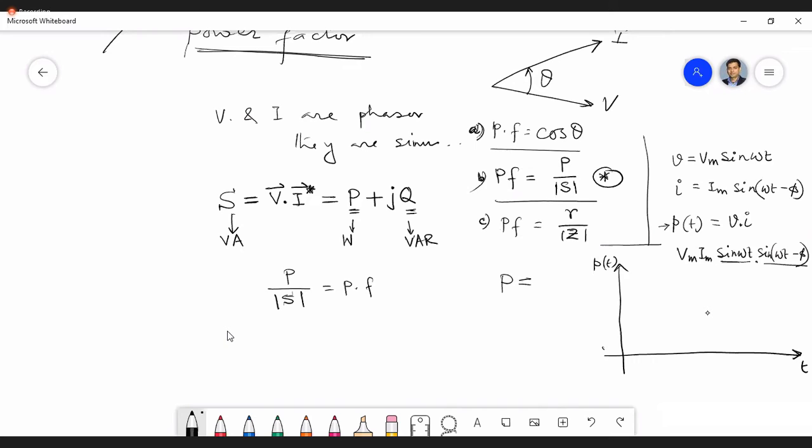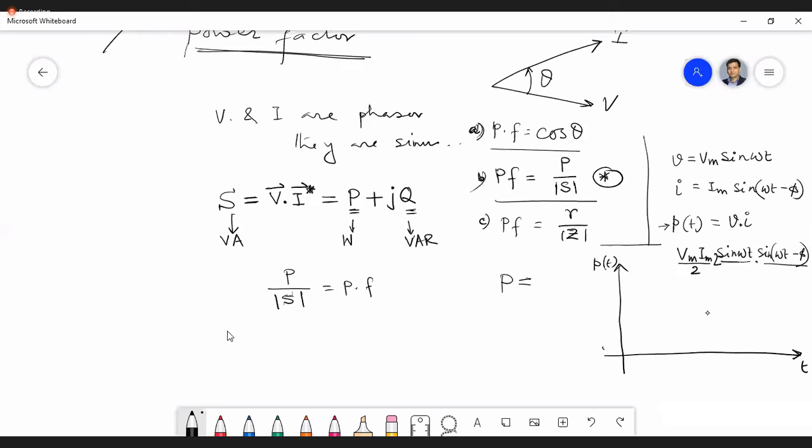What do you get out of this sin A, sin B? We can always make this 2 sin A sin B, so cos waves. And what will be the change in that? Frequency will be changed. There will be a phase difference between both of them.